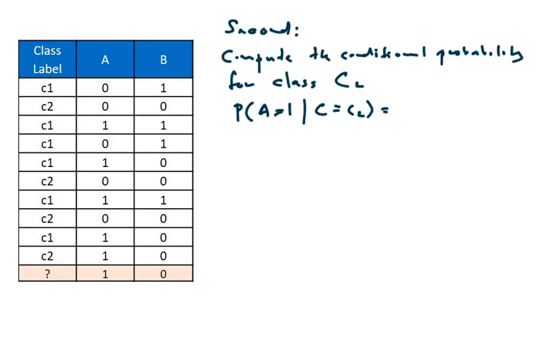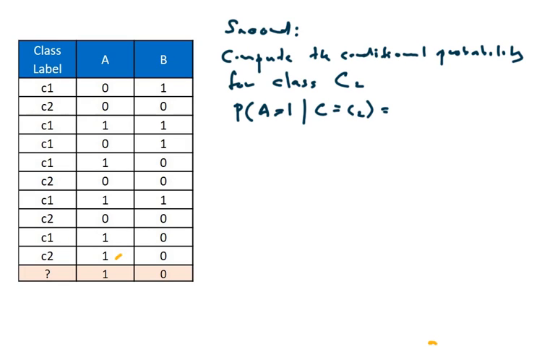Okay, so A equals 1 and class equals C2. Where is it? Okay, we have this: A equals 1, class equals C2. Did you see anything else? I don't think so.